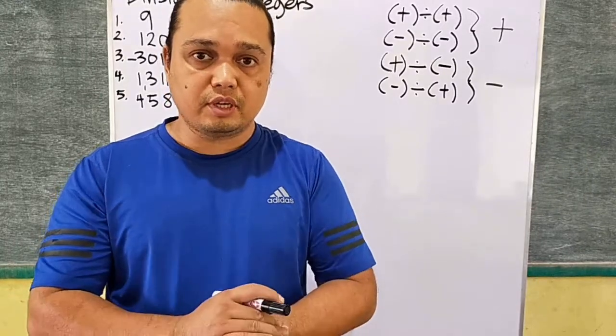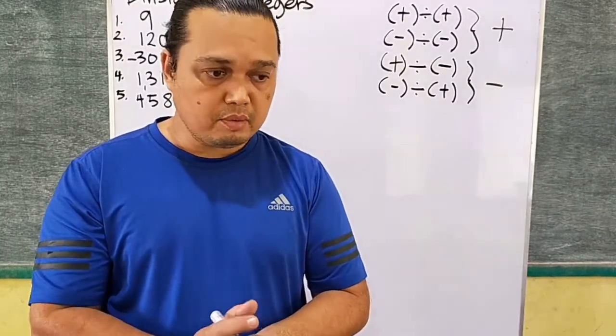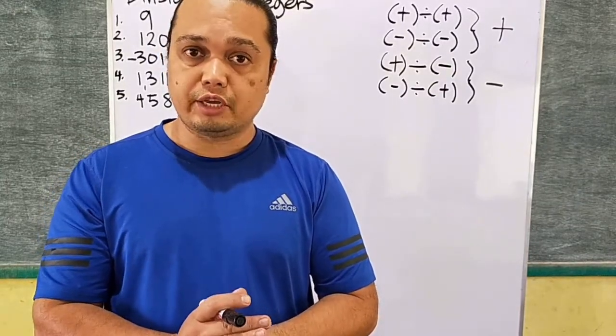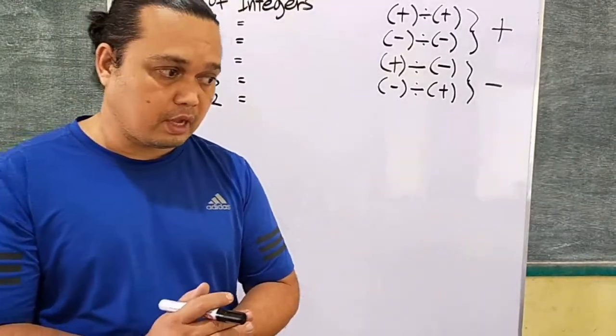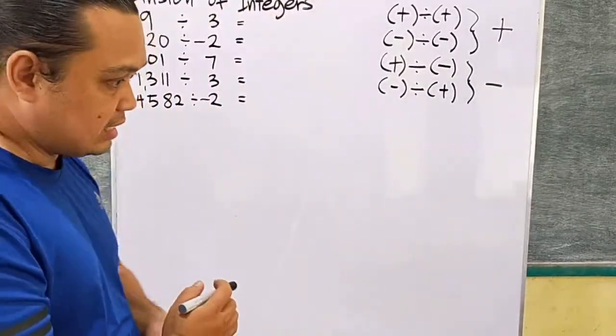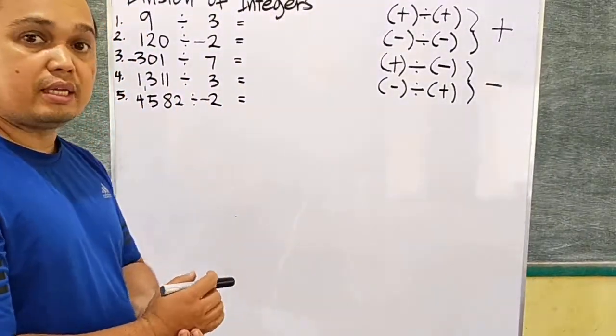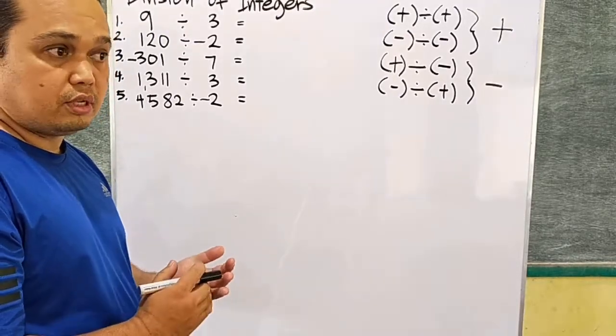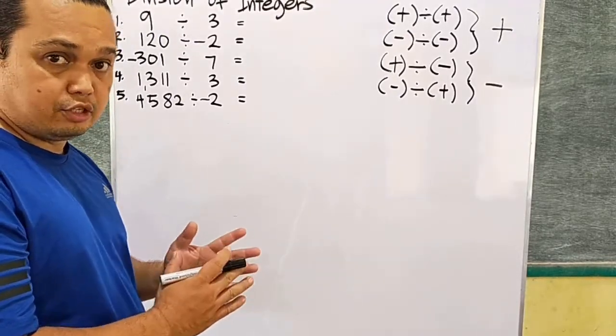Division of integers. So this time, for our lesson, we are going to divide integers. Now we have to follow the rule, just like in multiplying integers, almost the same rule in dividing integers.